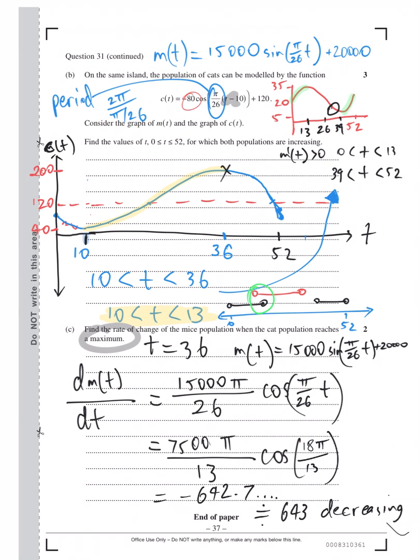Okay, and that's mice per week, because that's our rate in terms of time. We're losing about 643 mice per week at that point in time when the cats are at their maximum, which we would expect, just thinking logically about it: when there's more cats, there's going to be a bigger decrease in the mice population, which makes sense.